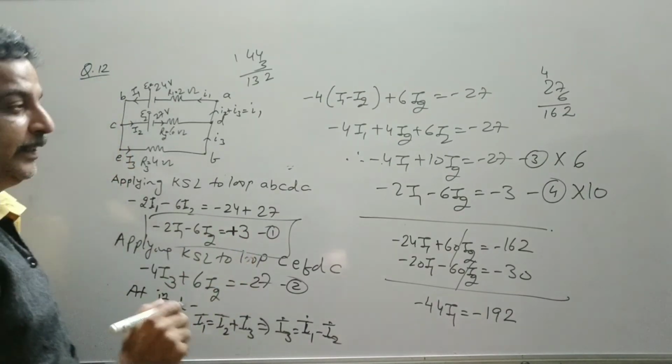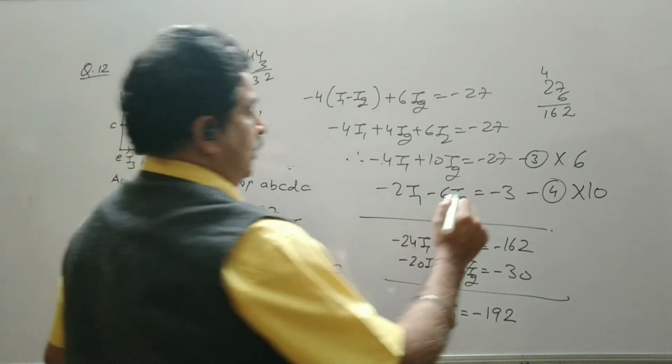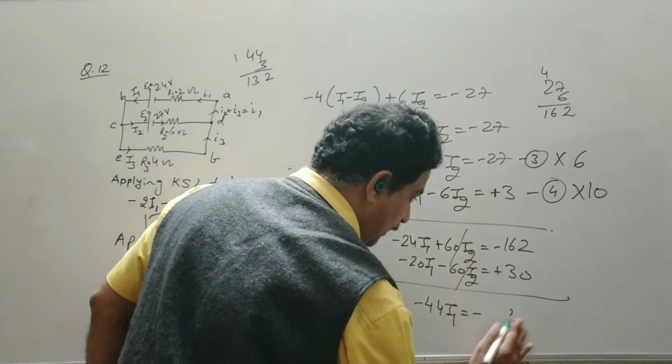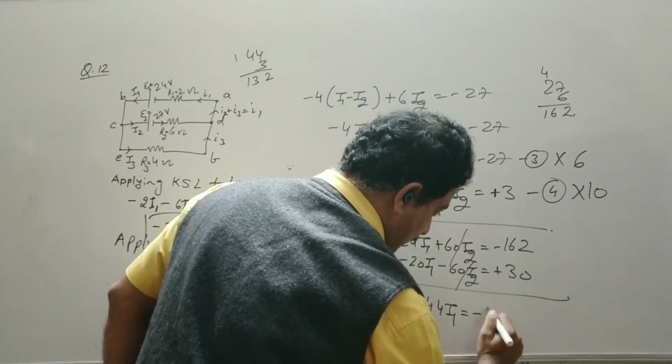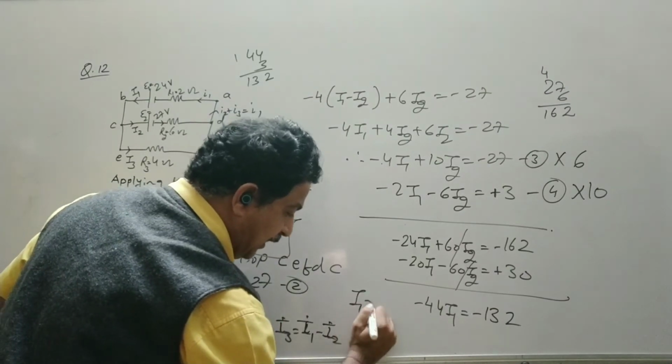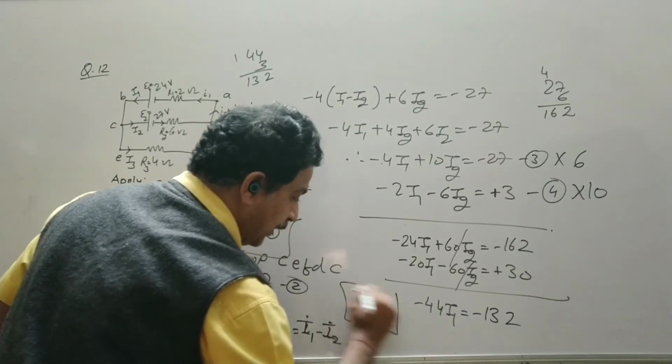It is plus 3. So this is plus 3, this is plus 30. So it becomes minus 132. Now we have I1 is equal to 3 ampere.